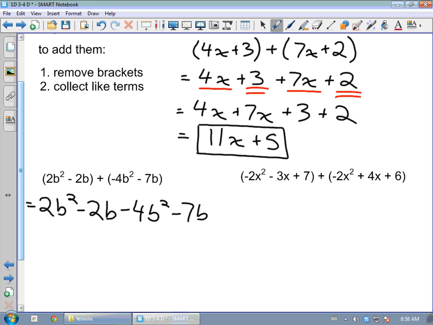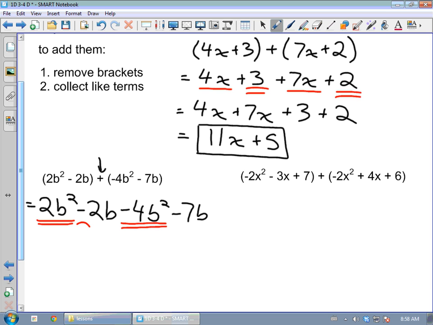And this plus sign in between here kind of disappears as well when you do that. Okay, so basically I'm just writing this as a series of terms. Now I'm going to identify my like terms here. So what are some like terms in this expression that I've got right here, Nicole? Yep, 2b squared, negative 4b squared, and what else?